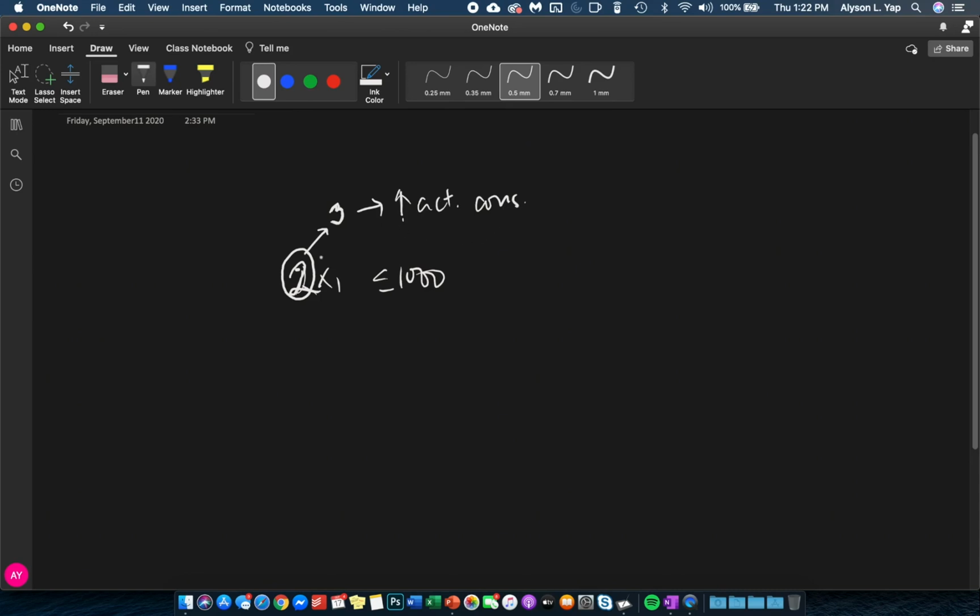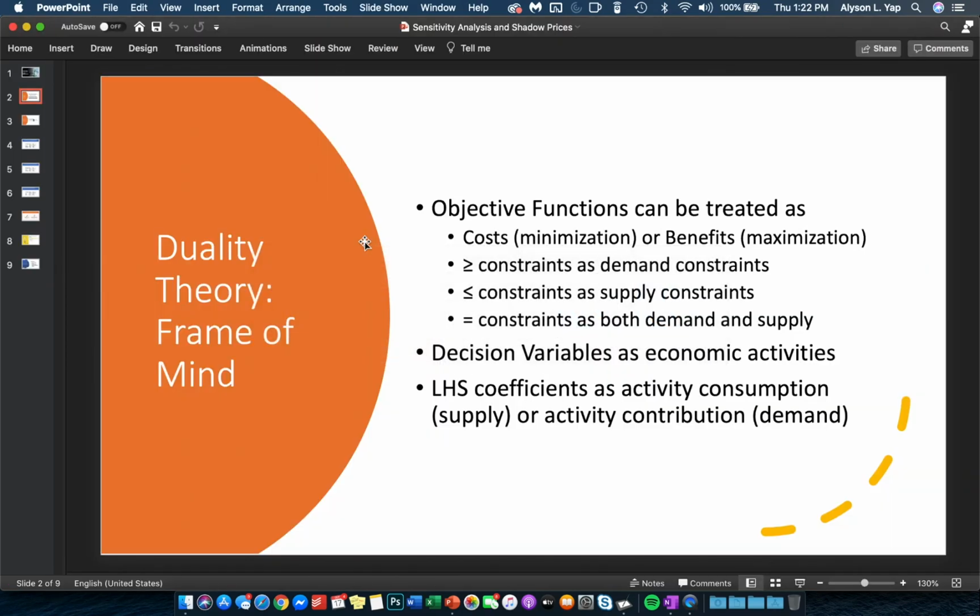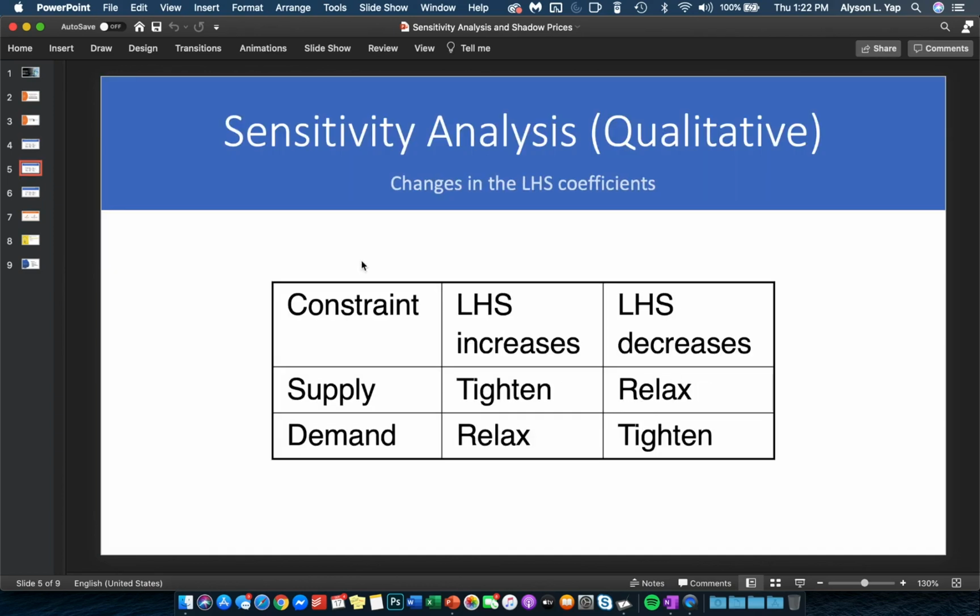And because this increases the activity consumption, the best case is your optimal value will not be affected, and therefore your optimal value will be the same. However, worst case is your optimal value will be affected because the consumption increased, and therefore your optimal value will worsen because you're consuming more of a particular resource. And that is why if you have a supply constraint and your left hand side increases, then it is a tightening process.